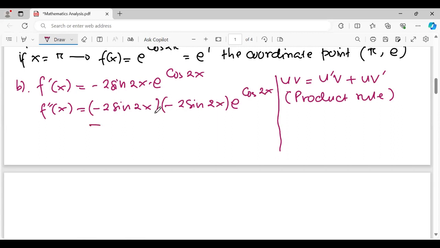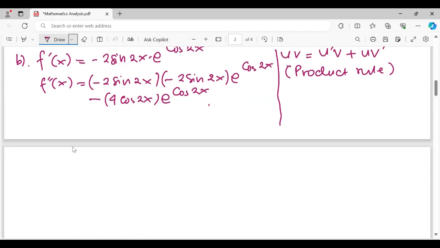Yeah, so this, the second derivative, is this one.